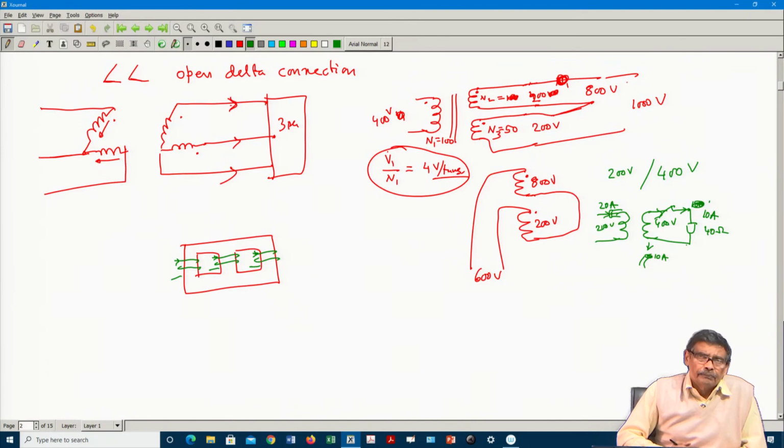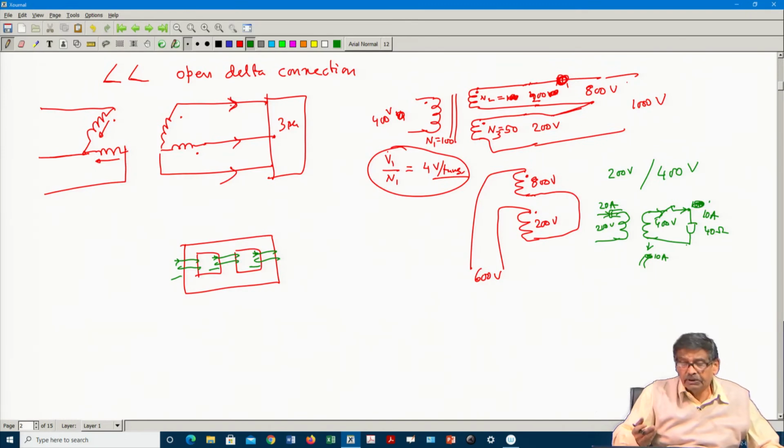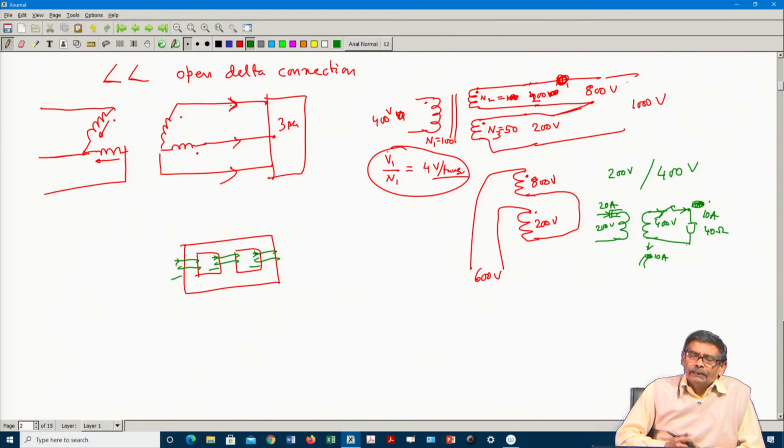After all, for transformers which you are connecting in parallel, a change in voltage ratios is allowed, because if the voltage ratios are not perfectly equal, then what happens is this: when the secondary coils are paralleled, there will be circulating current, which is to be avoided.